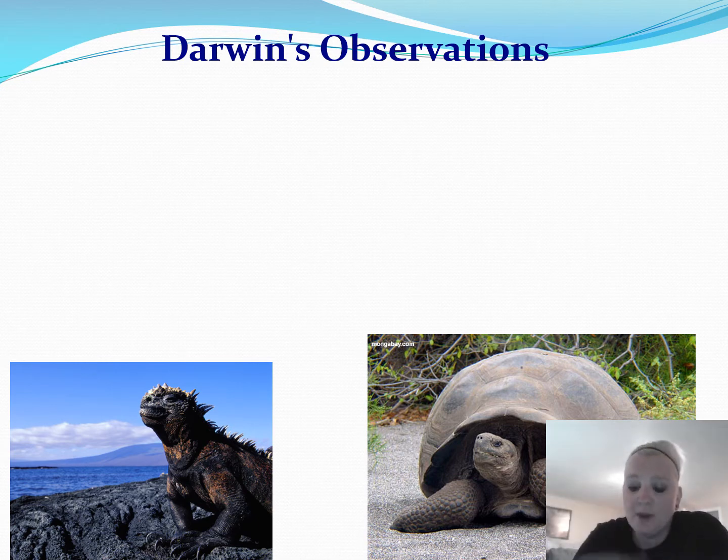So this is what we call an adaptation, something that organisms have or do that allows them to survive in their environment better. We also have this tortoise here, and we would talk about how its shell is for protection.